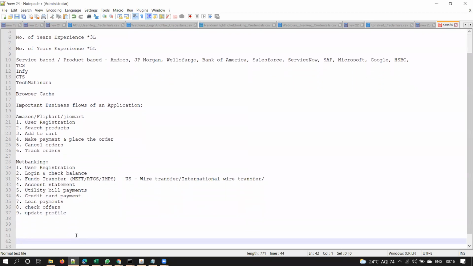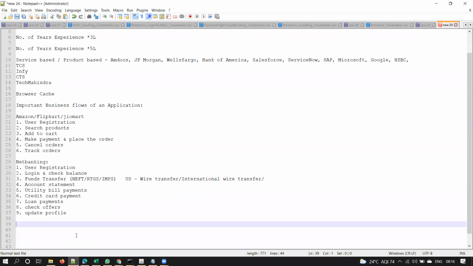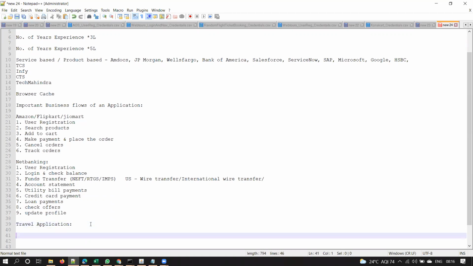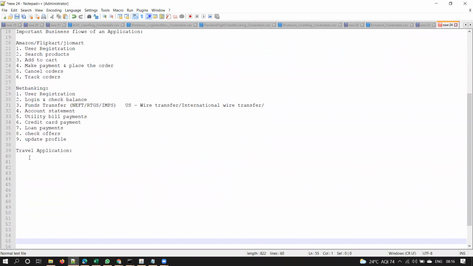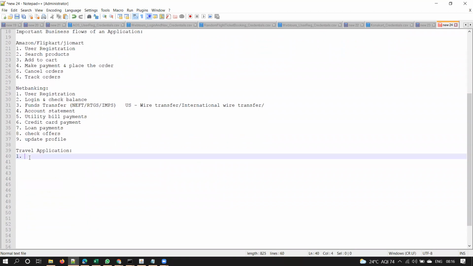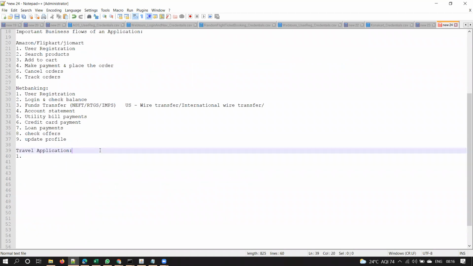Now, the last example, let us take a travel application, because we will be using one of the travel applications for scripting purposes. I want to explain the travel application, and then we will go to the slides. Can you list out what we do with any travel application? Everyone might have used Redbus, or IRCTC.